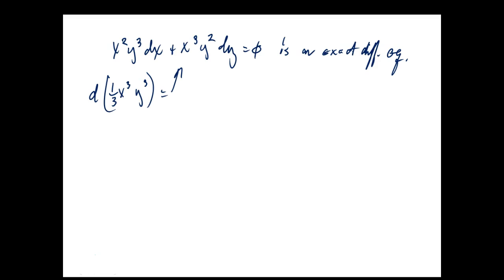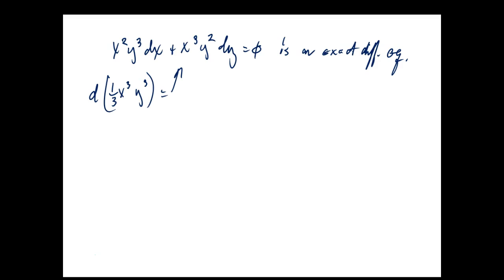Because you take the differential of this, first with respect to x, and you get x squared y cubed dx, and then take the differential of it with respect to y, and you get x cubed y squared dy. And that's exactly what you've got there, okay? Because it is an exact differential.